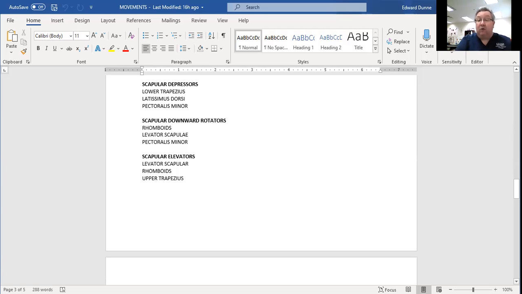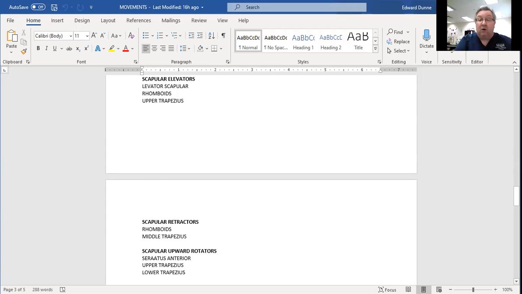The scapula can also elevate. And what I mean by that is, the scapula can depress, go downwards, but it can also go upwards. The levator scapula makes sense. C1 through C4 and attaches to the superior angle.